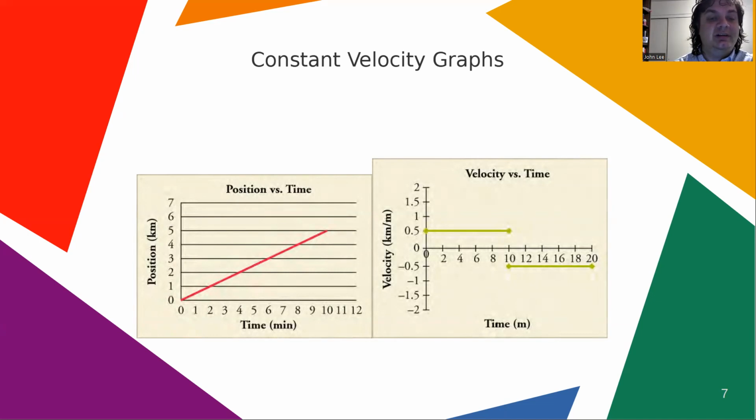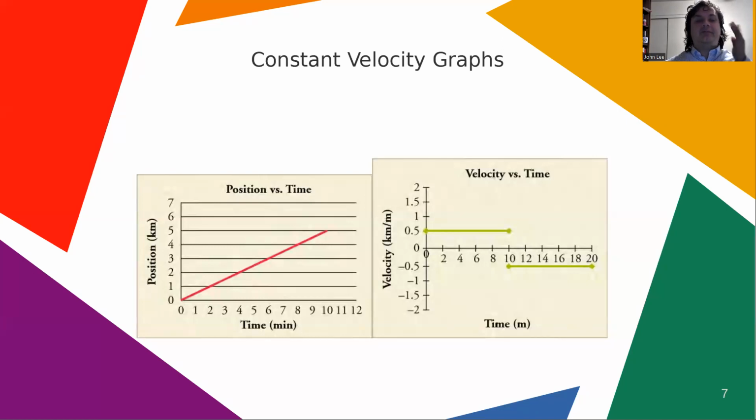As you have passed 4 minutes, then you've gone 2 kilometers. As you pass 6 minutes, you've gone 3 kilometers. And it just keeps stacking up, so that position versus time is just going to be a straight line, because you always have that same constant rate of change.